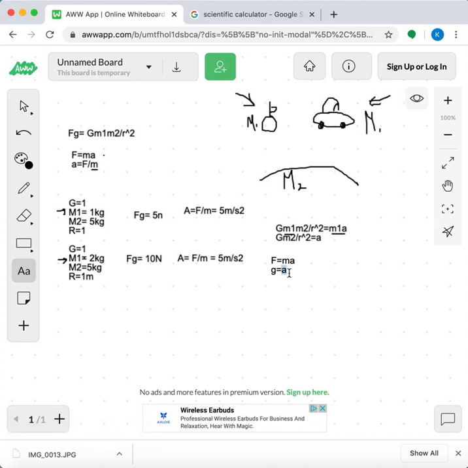So the acceleration of all objects on Earth is going to be equal to the gravitational constant. All right, this one's a little clearer because the objects that are falling on Earth are not orbiting. They're not experiencing circular motion. So this idea of them having a radius is not correct. But here we can clearly see that the acceleration of all objects on Earth ends up being equal to that gravitational constant, which is g.